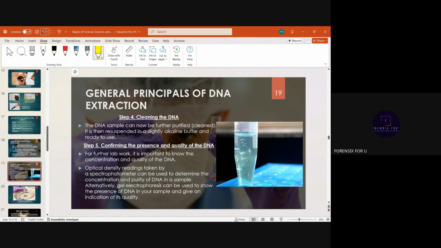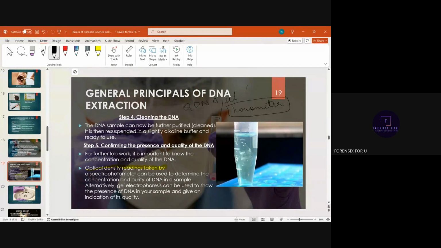Now, optical density readings are taken by a spectrophotometer that can be used to determine the concentration and purity of DNA in a sample. I hope you have heard of an instrument called nanometer. Nanometer gives you the quantity of DNA per microliter.